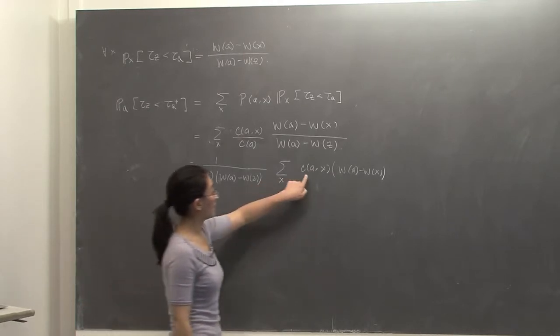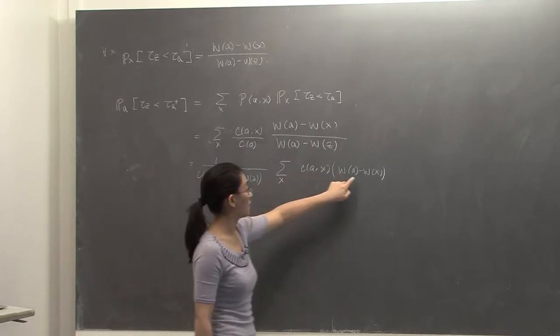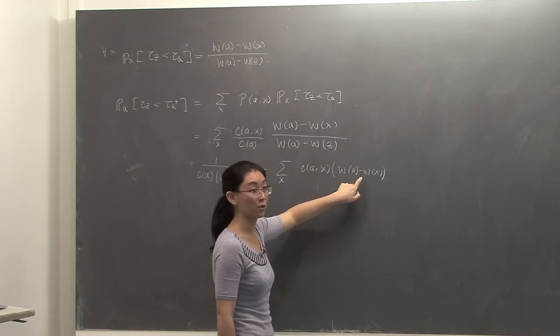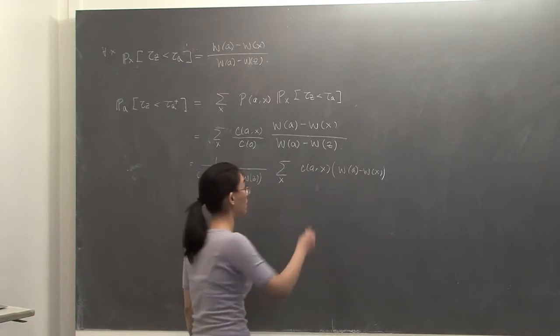And here we see that this is the conductance times the difference in the voltage. So this is exactly the current flow.